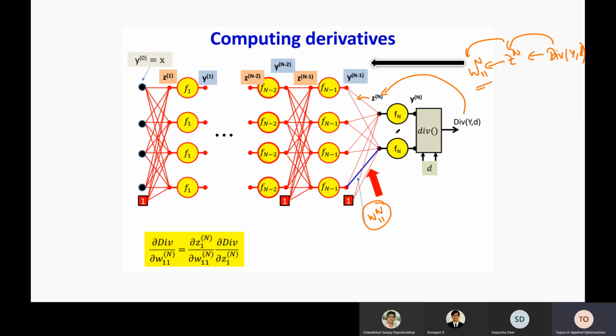I think according to our notation, it seems to be a bad idea to take this, because this is pointing here, right? So let me choose W11 as this guy. Okay, so this is my W11n, and this W11n has an influence on Zn1. So that is how we are tracking the dependency.